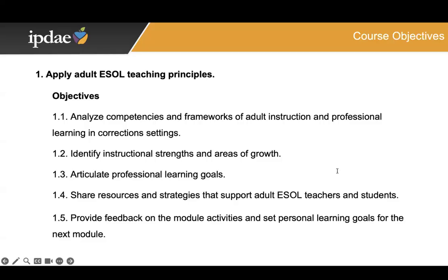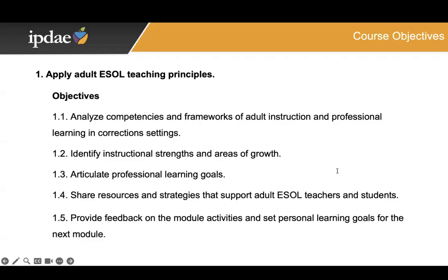You'll see that in the next objective, 1.3, articulate professional learning goals, is intended for course participants to reflect and envision how they can apply course concepts to support their instruction and their students' learning. Objective 1.4, share resources and strategies that support adult ESOL teachers and students, is to facilitate the exchange of resources between course participants. We understand that in addition to resources that we're sharing in the course, you all are incredible sources of great knowledge and experience and resources that can be shared.